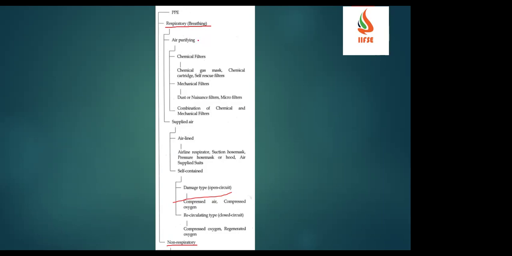In the respiratory, there are other types again: air purifying, chemical filters, mechanical filters, dust, then supplied air. This is also another type of respiratory equipment. Here we have air-lined, then self-contained breathing apparatus. So if you see chemical filters, the chemical gas mask, chemical cartridge or self-rescue filters.